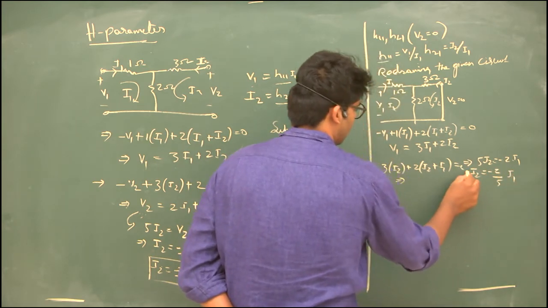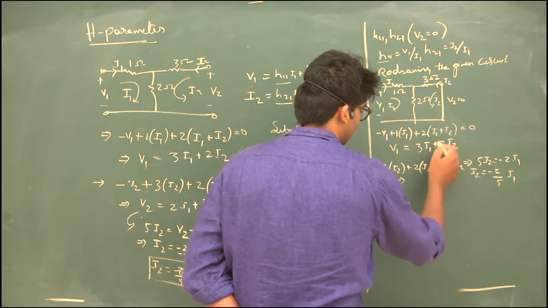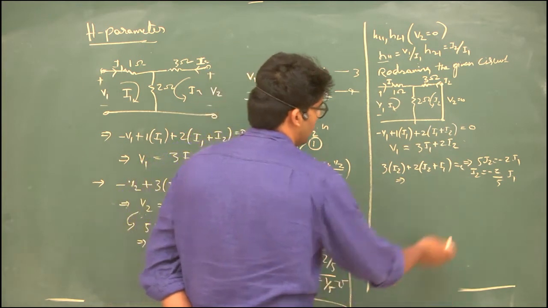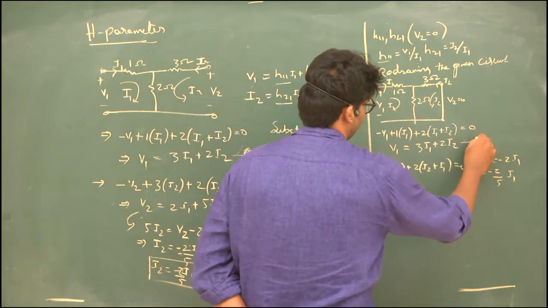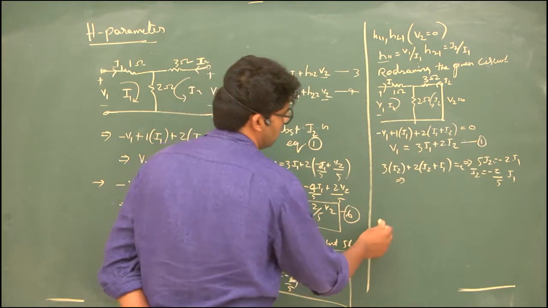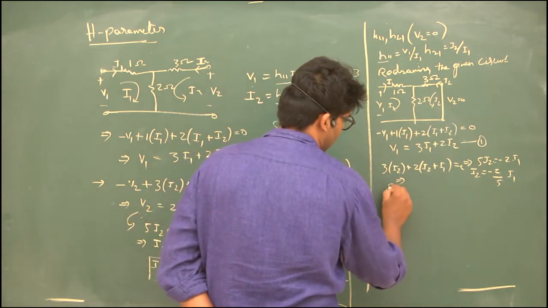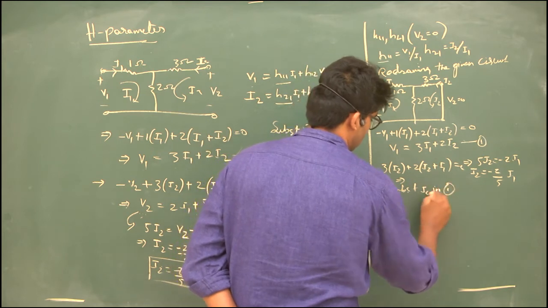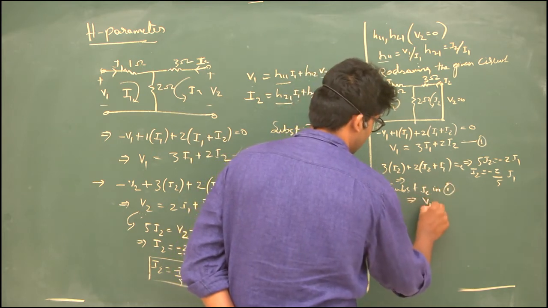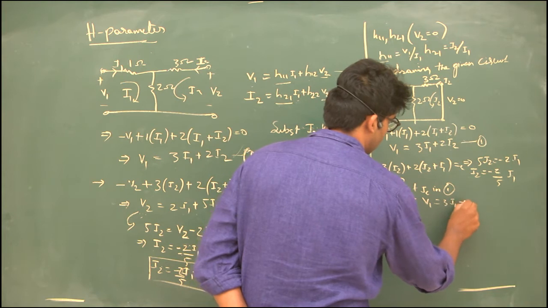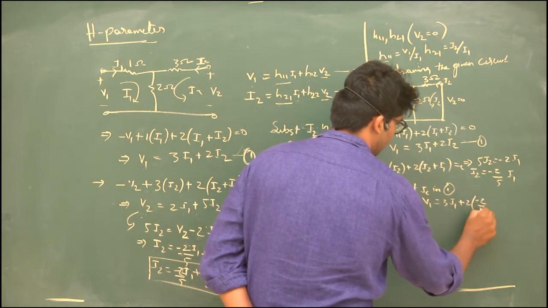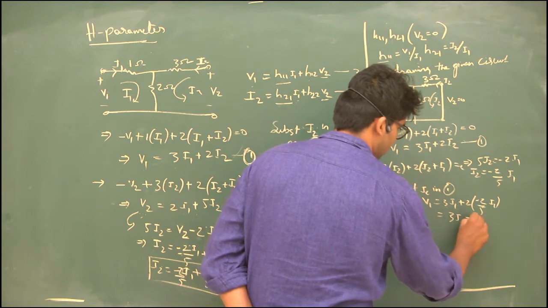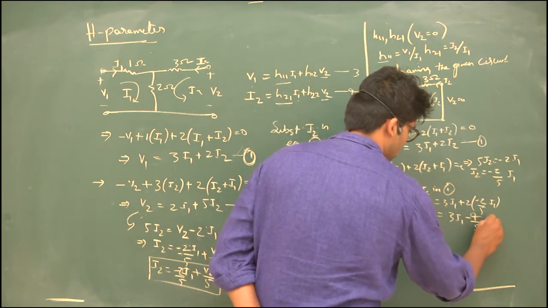Substituting I2 in equation 1, you will get V1 equal to 3I1 plus 2 into minus 2 by 5 I1, so 3I1 minus 4 by 5 I1.